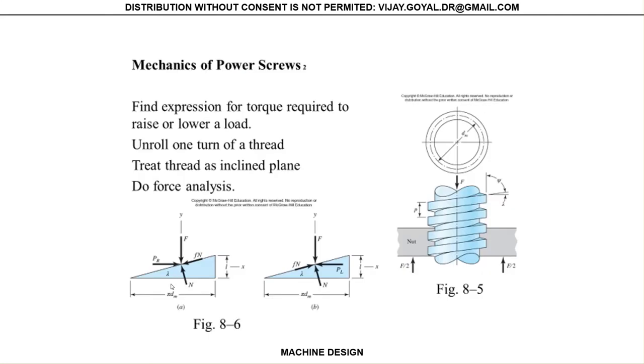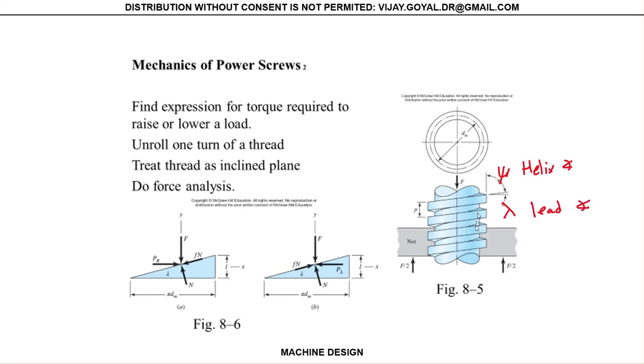Okay, the power screw mechanics, this is how they really work. This right here is hard to see, but this is phi, this is psi, and this is called the helix angle. And this right here is lambda, called the lead angle.